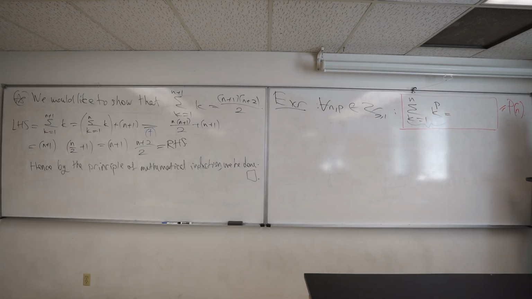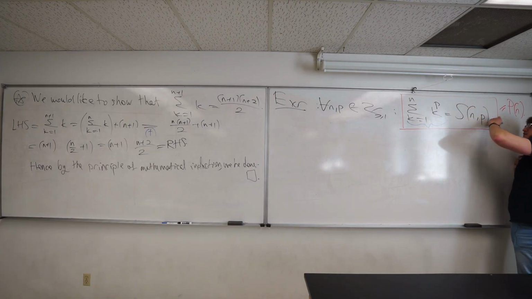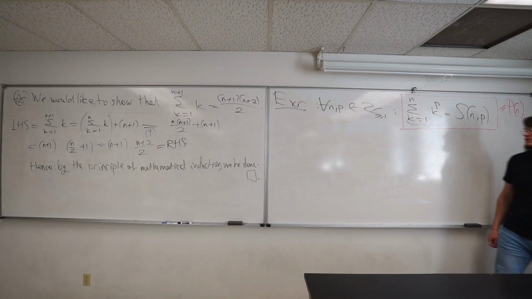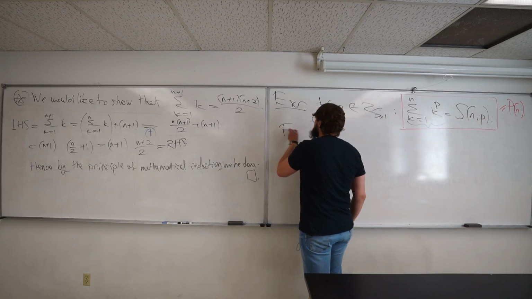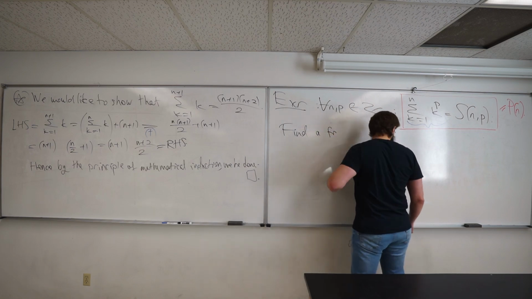This is a well-defined expression. It's in fact a function of n and p. Let's call it S(n, p). I'm defining it. The exercise is to find a closed formula for this specific function S of n comma p.